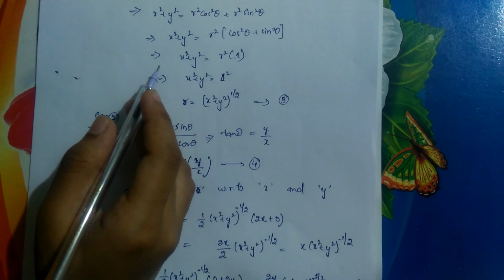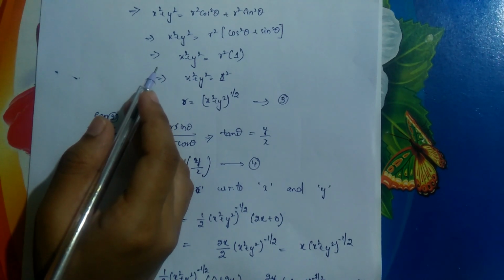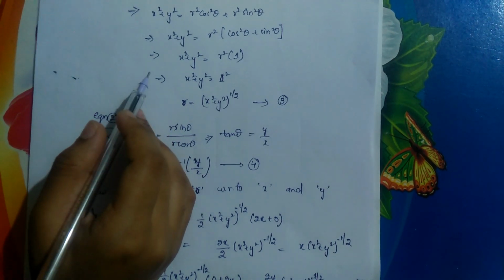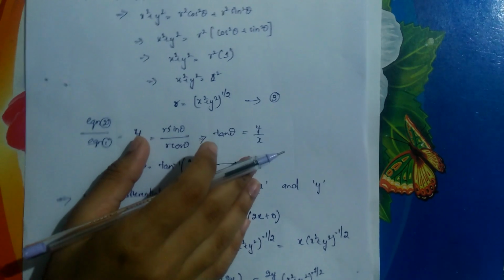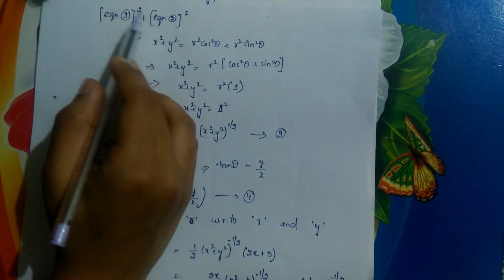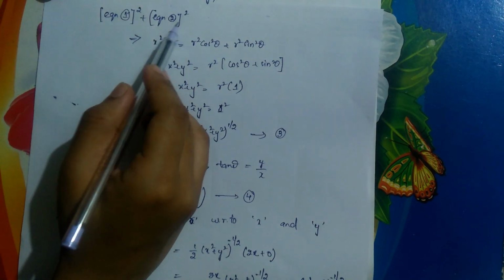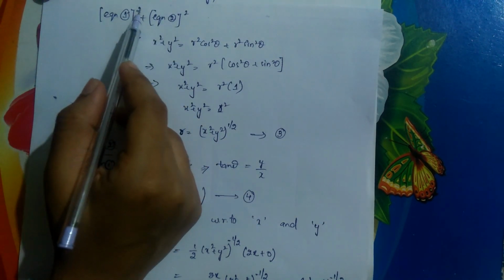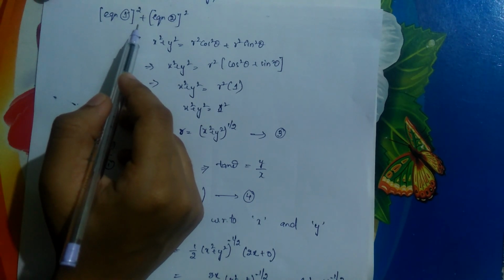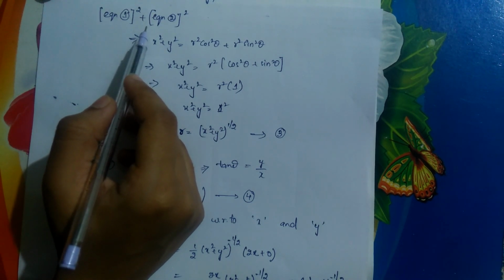We have found ∂(x,y)/∂(r,θ). Now we have to find ∂(r,θ)/∂(x,y). For that we need some basic calculation. Equation 1 whole square plus equation 2 whole square. Equation 1 is x equals r cos theta, and equation 2 is y equals r sin theta.